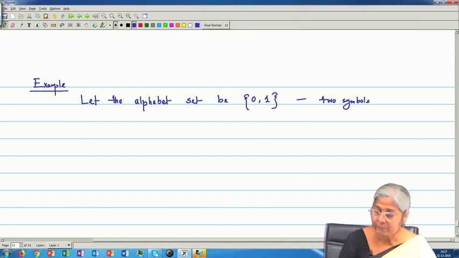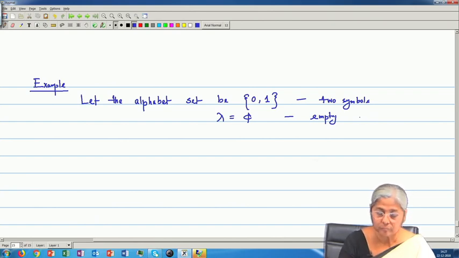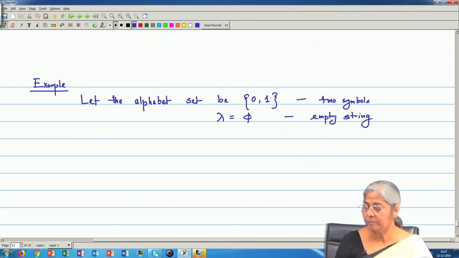And my lambda is the empty string containing no symbol.